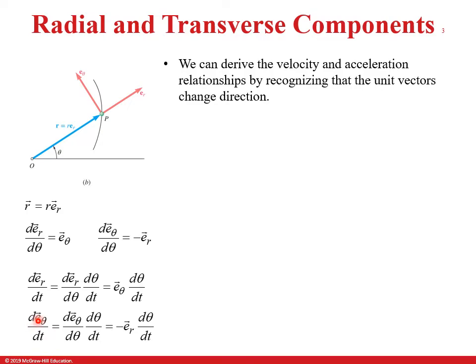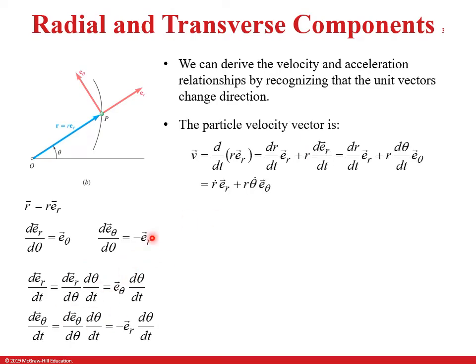And then we have dE theta/dt equals dE theta/d theta multiplied by d theta/dt equals the negative E sub r d theta/dt. These are a little bit complicated, but we'll use them for the next set of equations here.